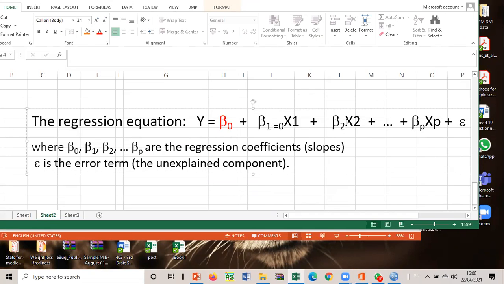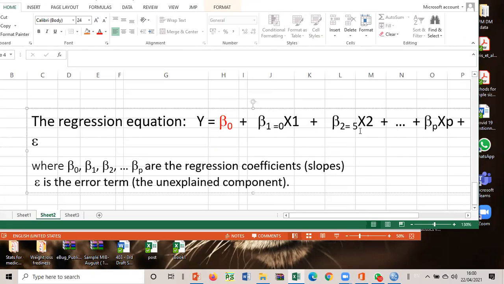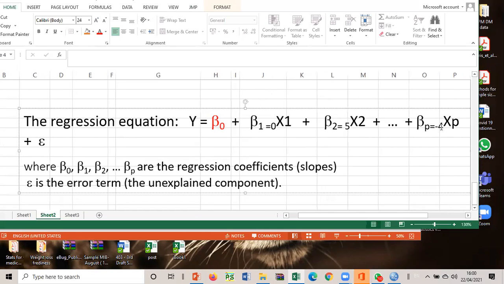If B2 equals 5, what does that mean? As x2 increases by 1 unit, Y increases by 5 units. Supposing this is equal to -4. Means if x increases 1 unit, y decreases by 4 units.